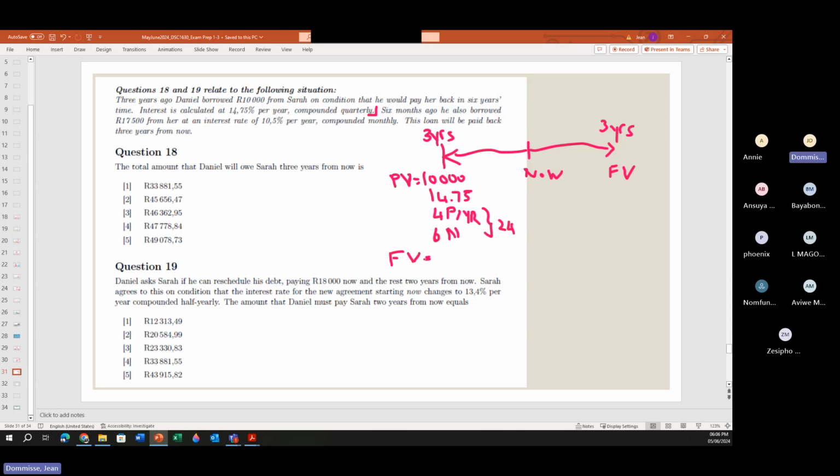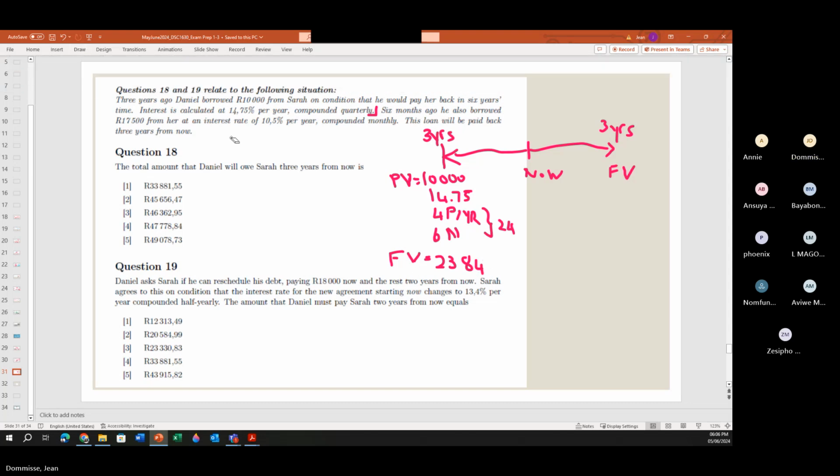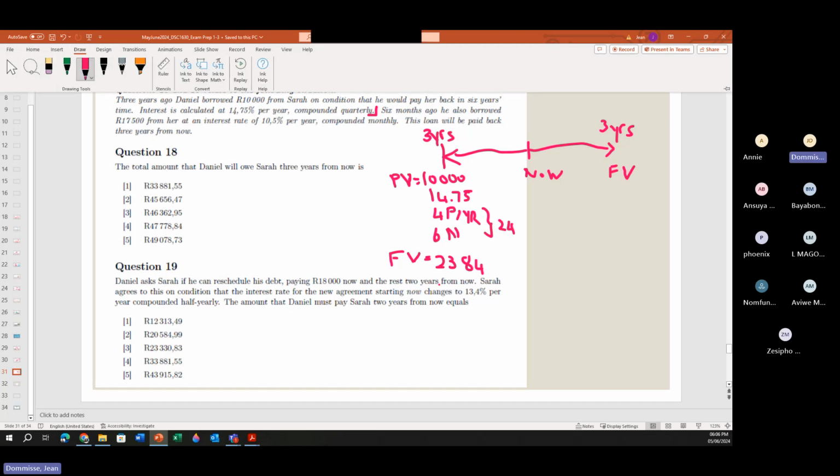And then if I look for the future value, what I get for that 10,000 is 23,846.996. So let's round it off to 23,847.